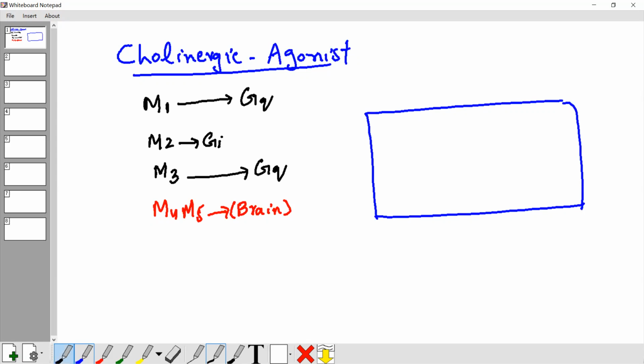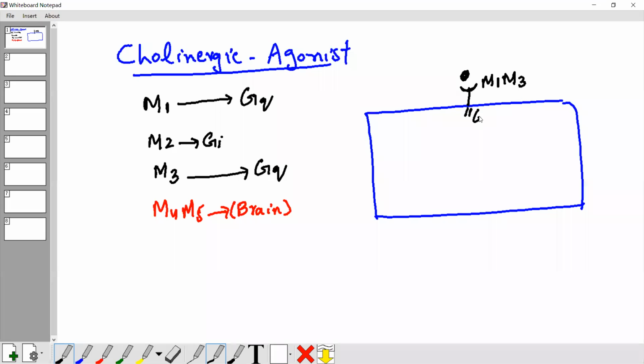It's a one cell. Okay. The acetylcholine here, an acetylcholine attached with this receptor. If this receptor is M1, if this receptor is M3, then which protein activated here?